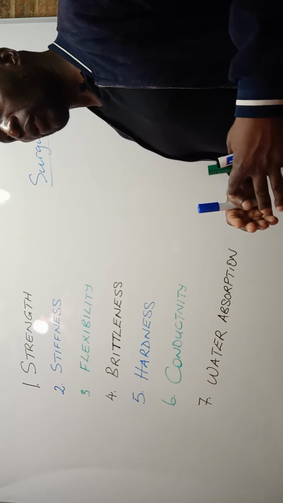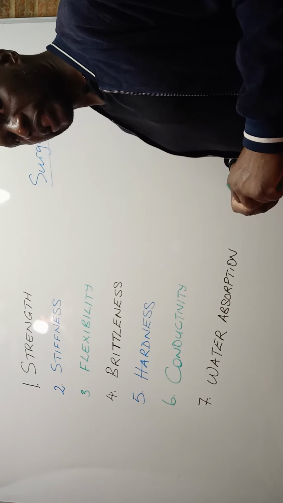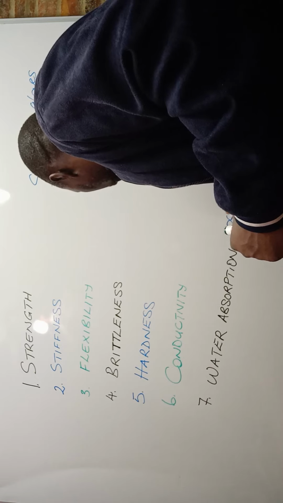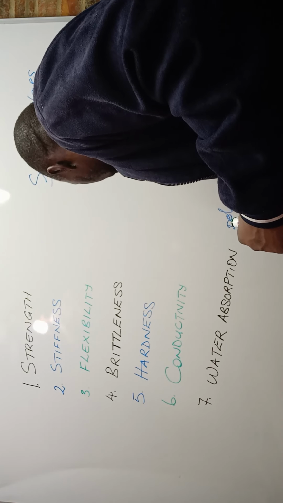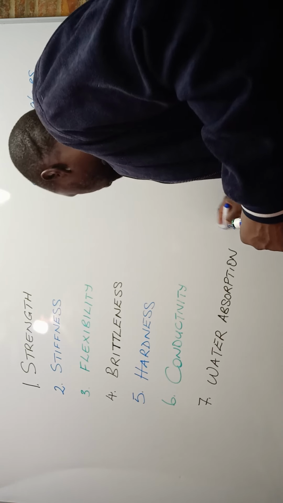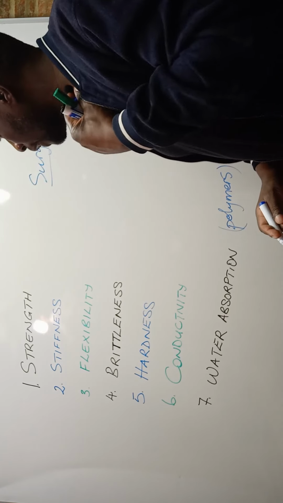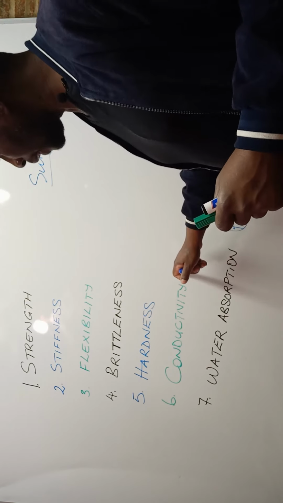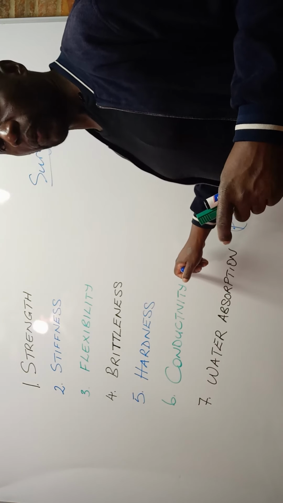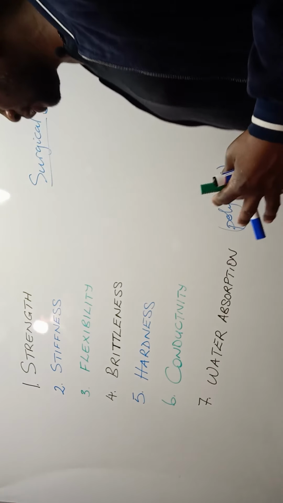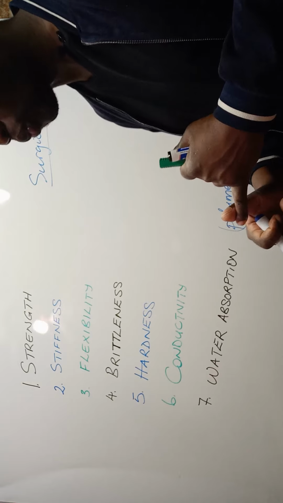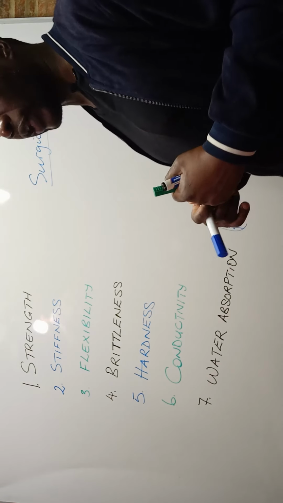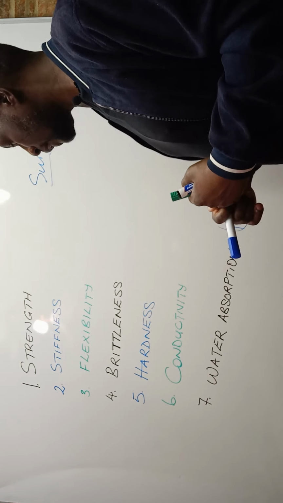A good example of a material that resists water absorption is polymers, right? Polymers are materials that effectively resist water absorption. And then we go to conductivity. When we are talking about conductivity, we are talking about, one, conducting heat, and secondly, conducting electricity.